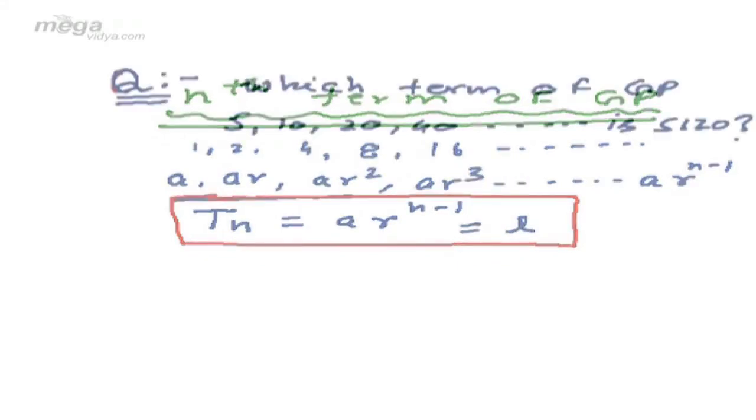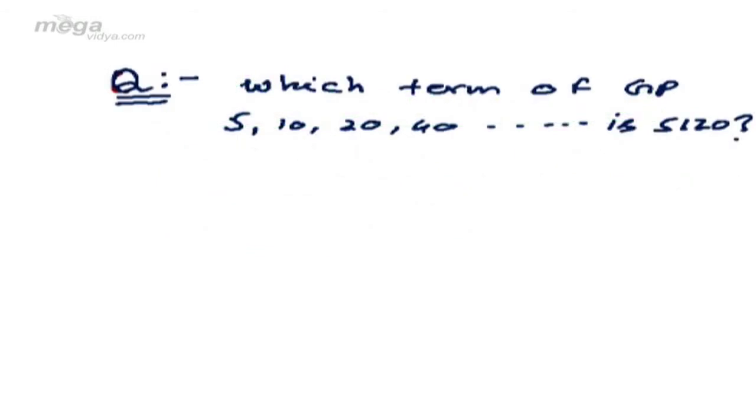For example, which term of the GP 5, 10, 20, 40 is 5120? This is a question related to the nth term of the GP. In this question, the first term is 5 and the second is 10, so the ratio is 2. The last term of the sequence is 5120, so this is Tn, or you can also say this is L, where L means last term.